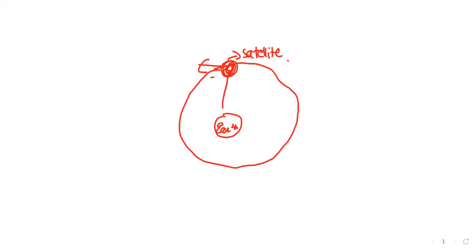Now let's say the satellite is at a distance of r. Then tell me what is the force exerted by gravity on the satellite? Let's say the mass of the satellite is small m, and the mass of the Earth is capital M. Then what is the force exerted by the Earth on the satellite?